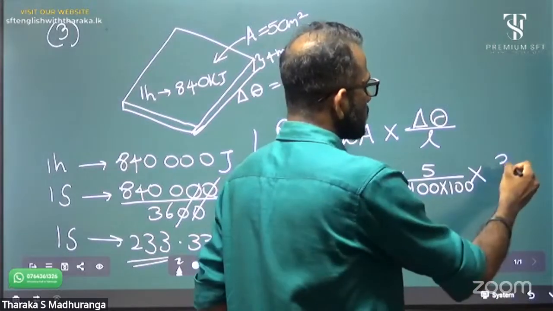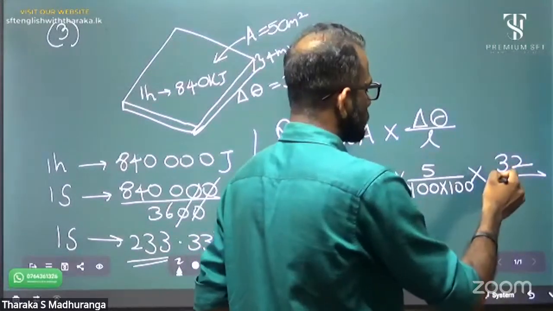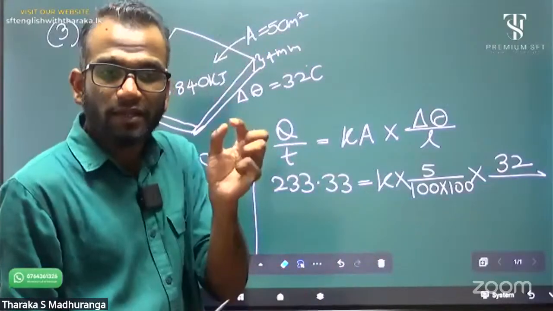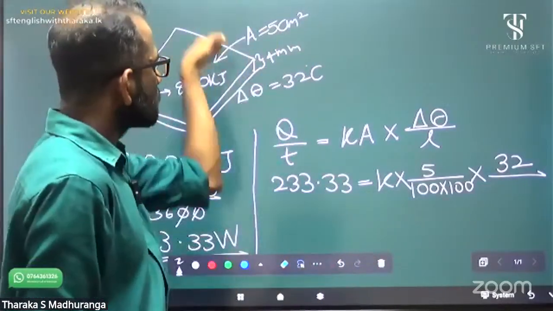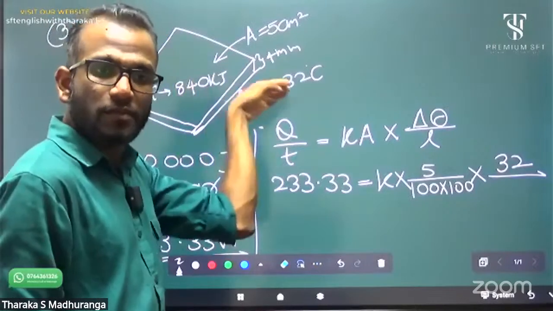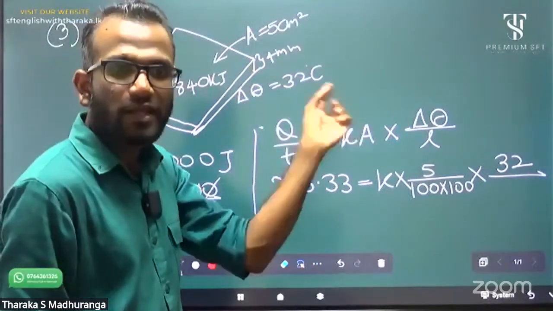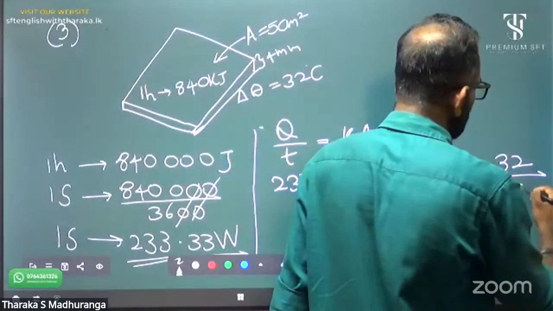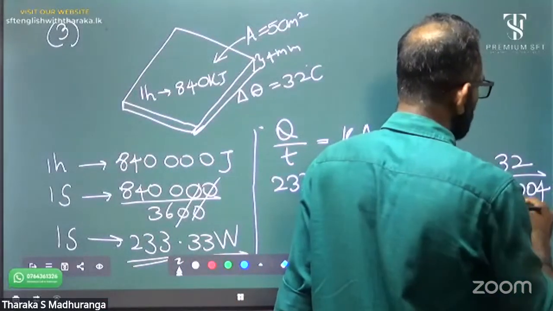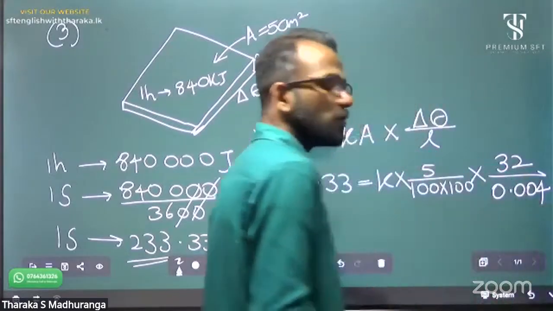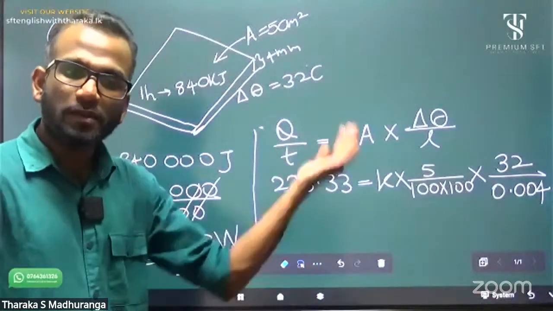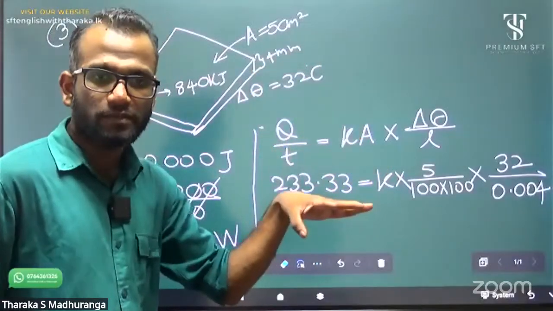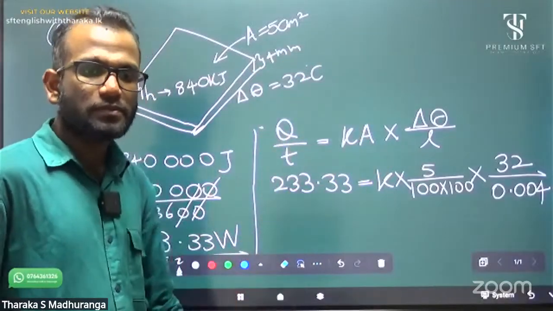Delta theta is 32, and the length is the thickness, 4 millimeter, which is 0.004 meters, dividing by 1000.